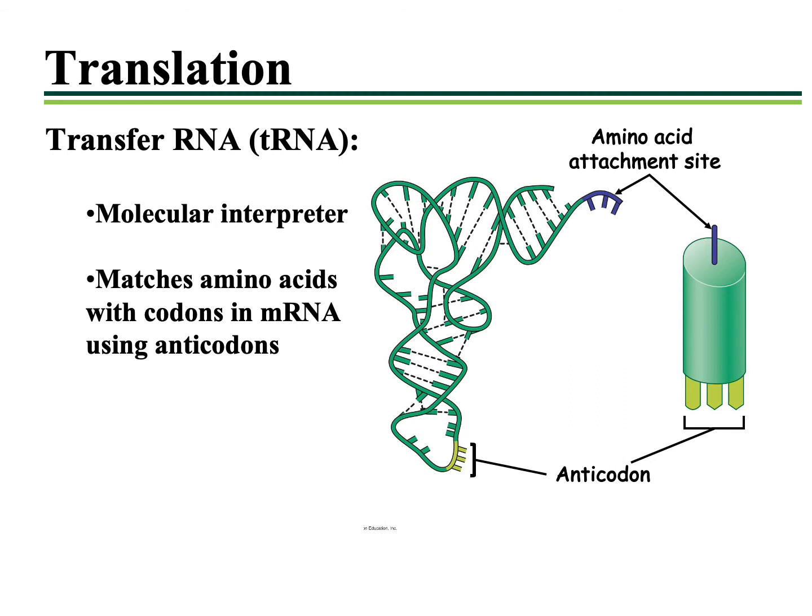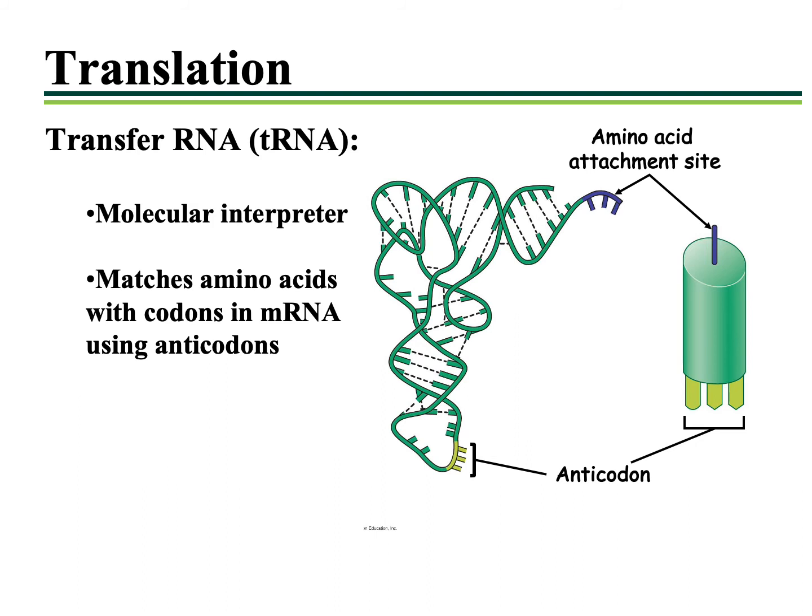If you look at this figure, you can see highlighted on both versions of the molecule something that is referred to at the bottom of the figure as the anticodon. The anticodon is a set of 3 nucleotides that specifically binds to the codon in the RNA molecule, and we'll see a highlight of that in just a little bit.